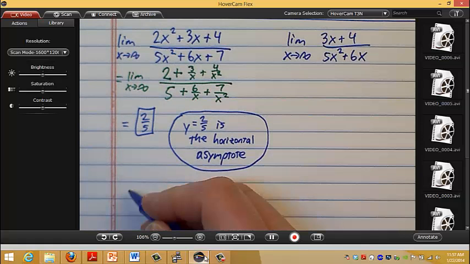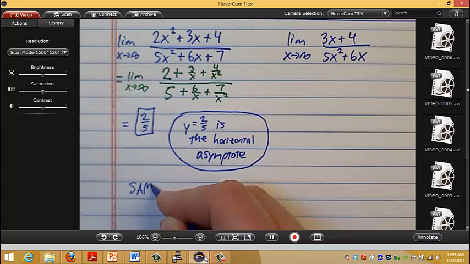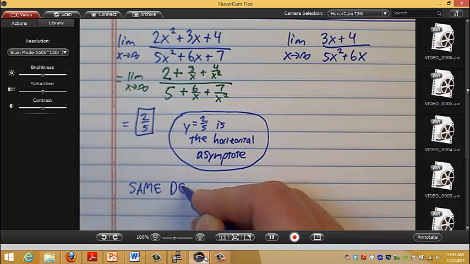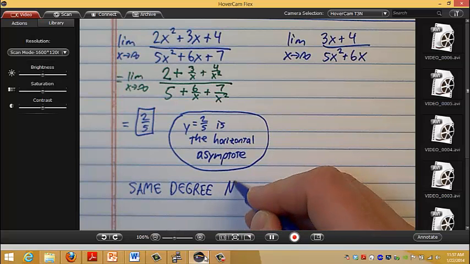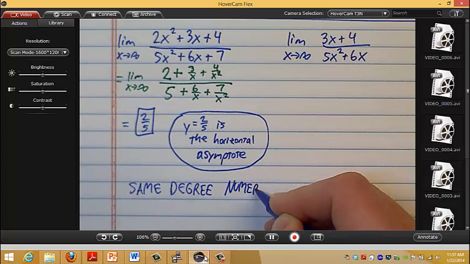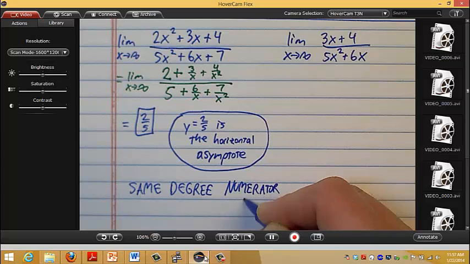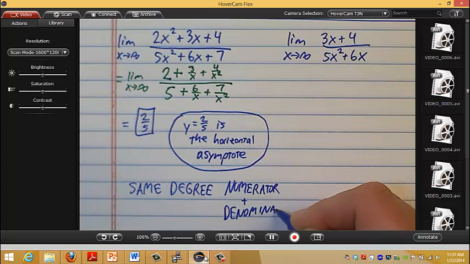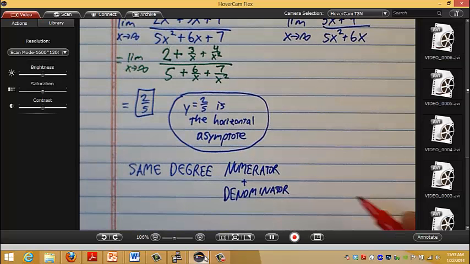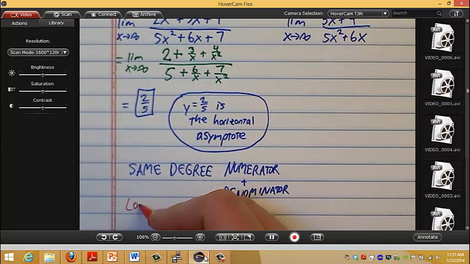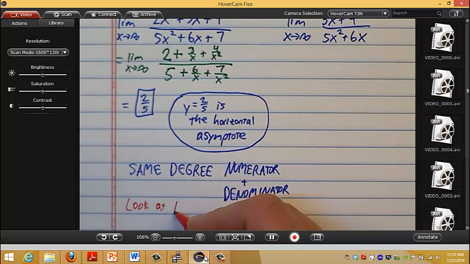Yeah, so in this example, we have the same degree, like you said, top and bottom, numerator and denominator. And if that happens, to get the horizontal asymptote, all we really had to do was look at the leading terms.